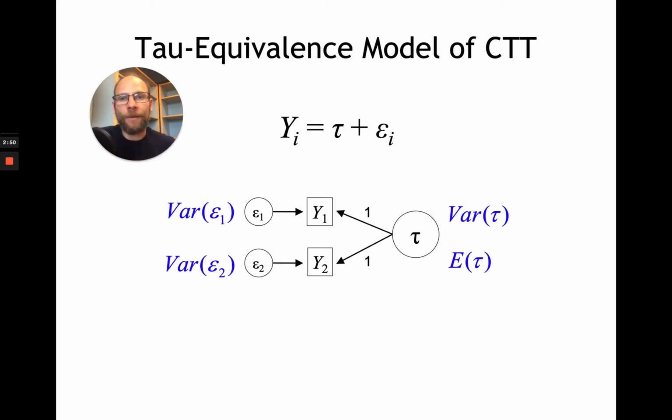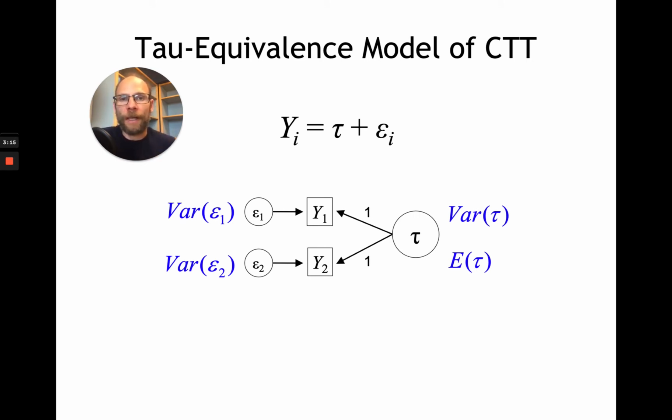Now, there are other unidimensional models of classical test theory that will make either more strict assumptions or less strict assumptions, but this is one model that allows you to test for unidimensionality of the measures, and specifically for that assumption of tau equivalence, which means that the true score variable is the same for different tests.